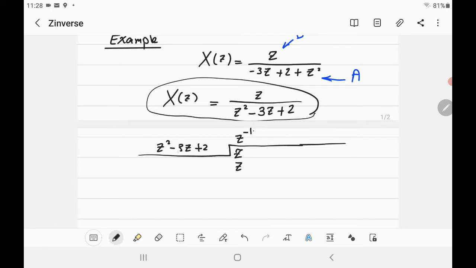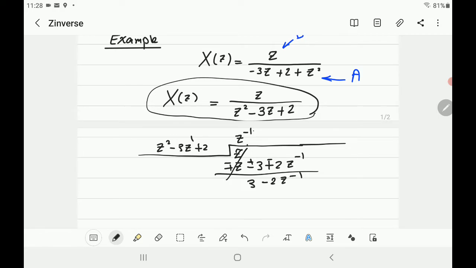Continue, z minus 1 times minus 3z will be minus 3, because z power 1 and negative 1 gives 0, means 1, plus 2 z minus 1. And then what are we supposed to do? Change the sign and add. So that will cancel. So what you got here is 3 minus 2z minus 1.